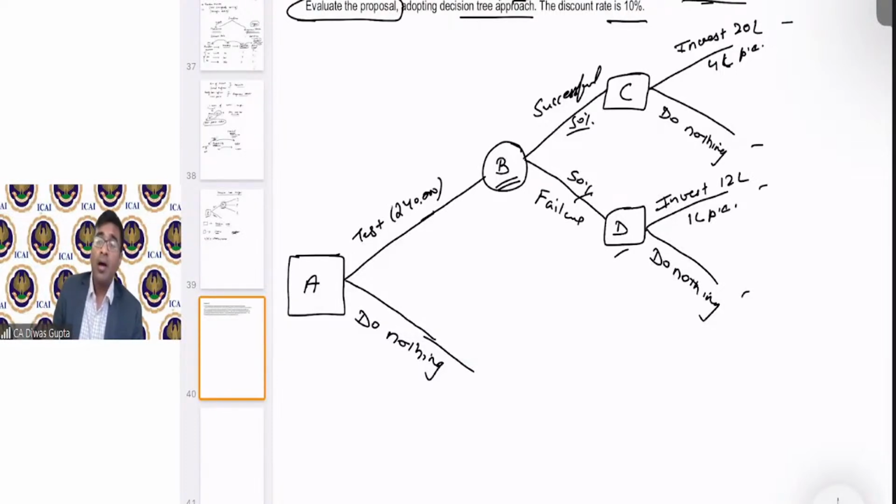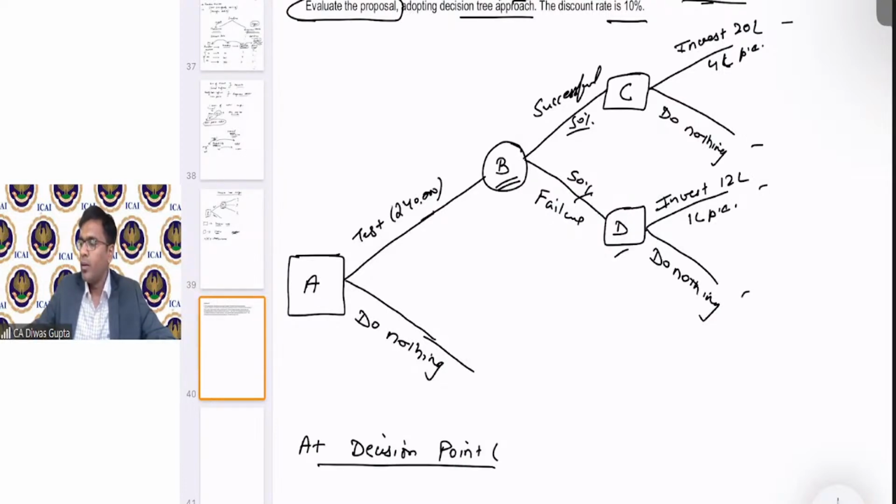Now, once the decision tree is created, then we have to work backwards, right? We will not start from A, we will start from the farthest node, which is C here. So at decision point C, what are the two decisions, students?